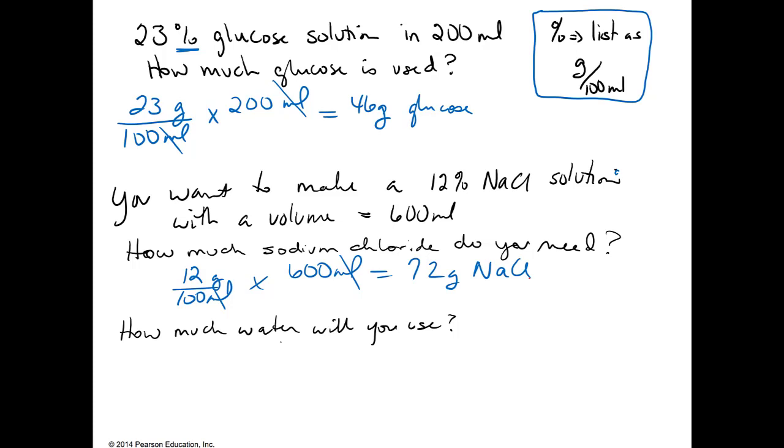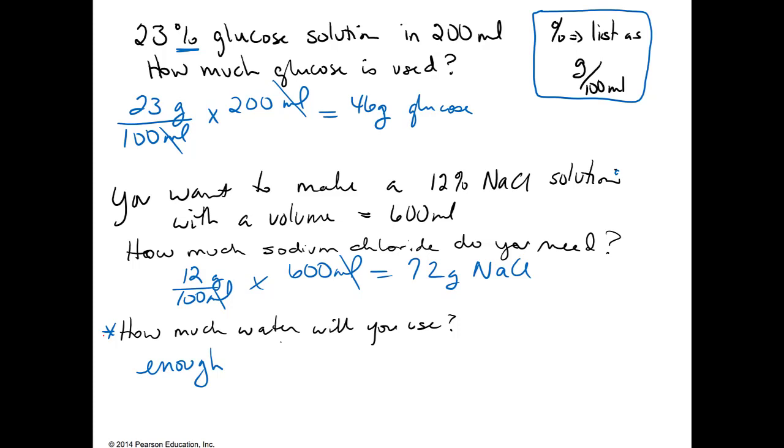How much water will you use? Do you know? No. So all you have to say is enough. I will use enough to make 600 milliliters. Okay? If I added 600 milliliters, what would happen to the volume? It would be above 600 because there's going to be salt in there. That takes up room too. I always get people with this question because I always ask a question like this, and people always try to calculate it.